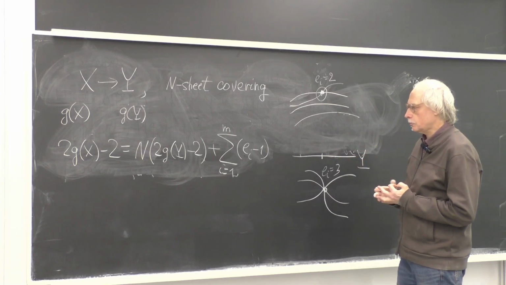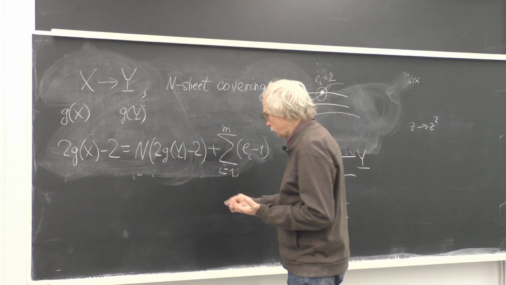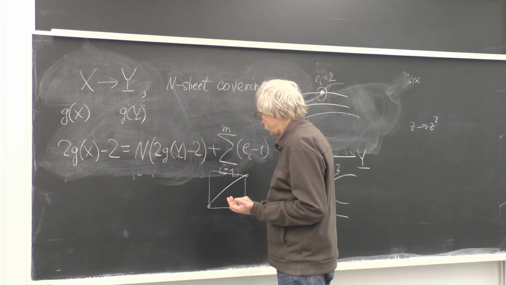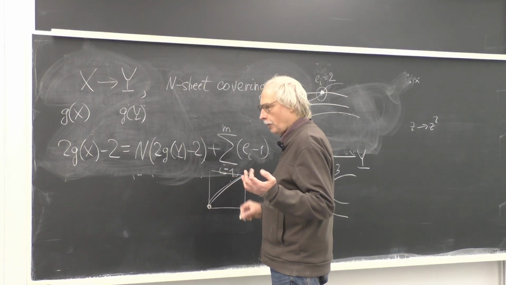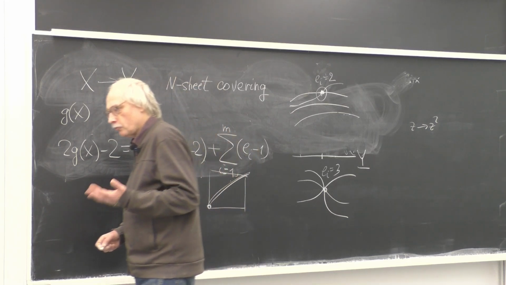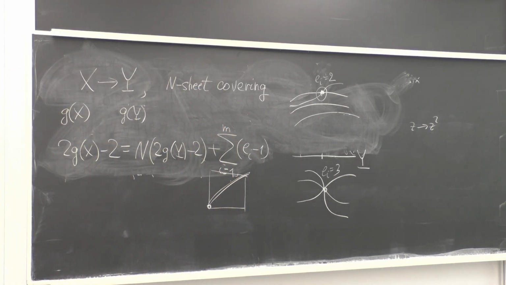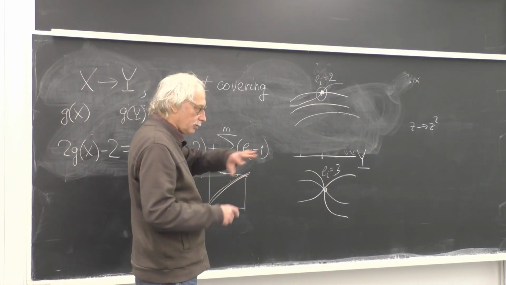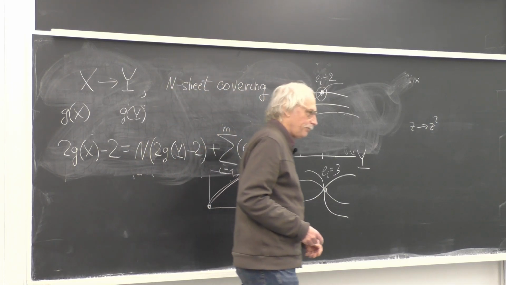Triangulation means represented as a combination of triangles with some vertices and edges. And there is a formula which connects the number of vertices, edges, and plaquettes with the genus of the surface where we draw this triangulation.